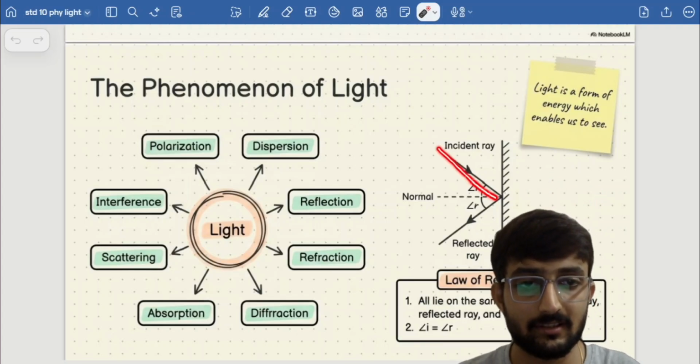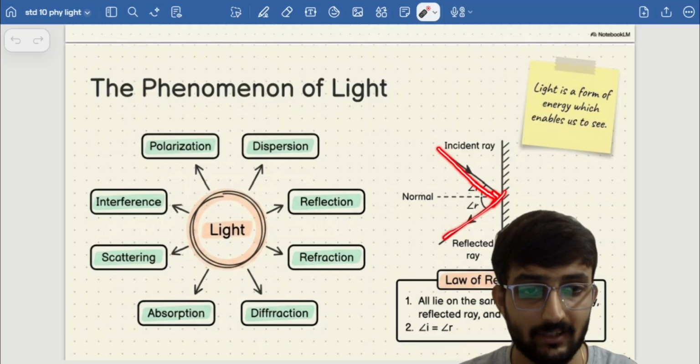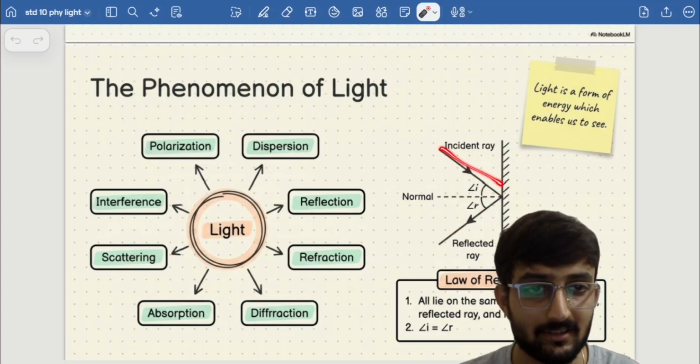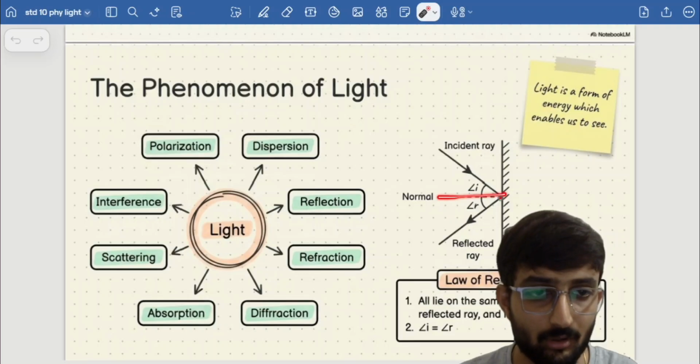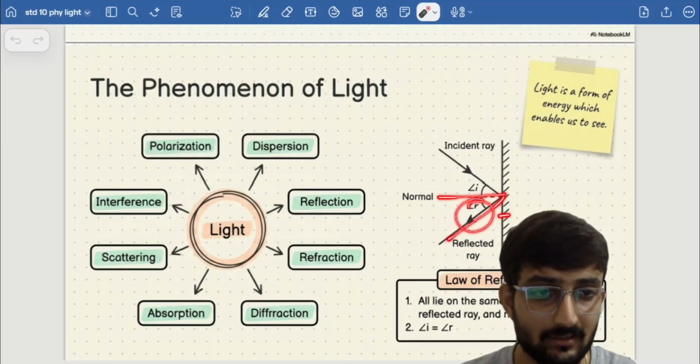This is the incident ray, this is the reflected ray. The angle between the incident ray and the normal is known as the incident angle, angle i, and the angle between the normal and the reflected ray is known as the reflection angle, angle r.